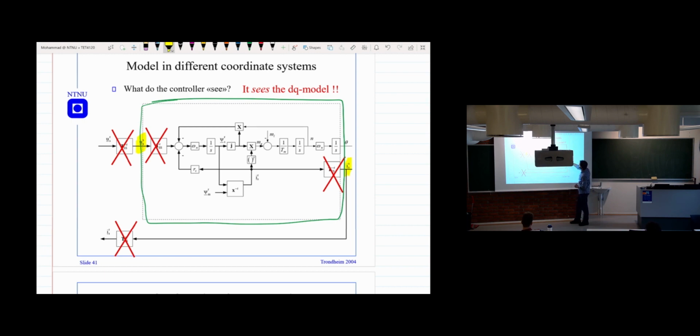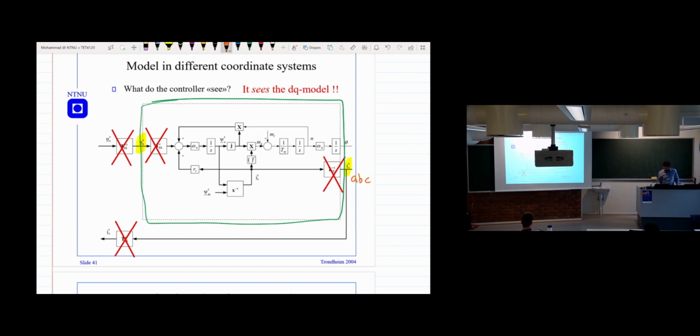Because of this inverse Park and Clarke transformation, we are getting the current in the three-phase AC system. And this current in the three-phase AC system, we are giving into the controller, again applying transformation so that we are getting ID and IQ.